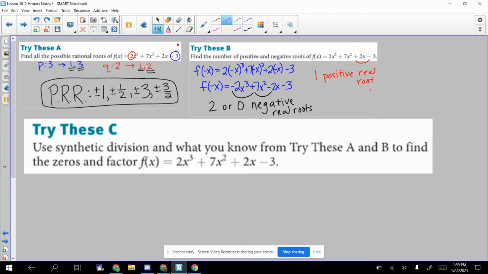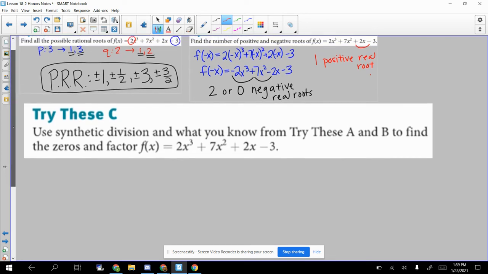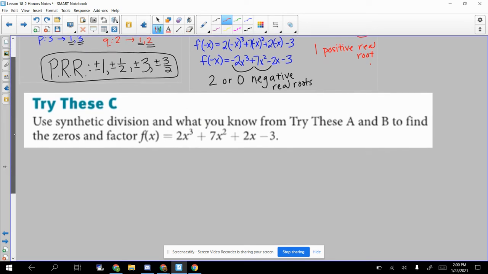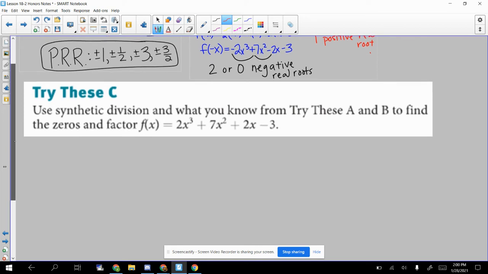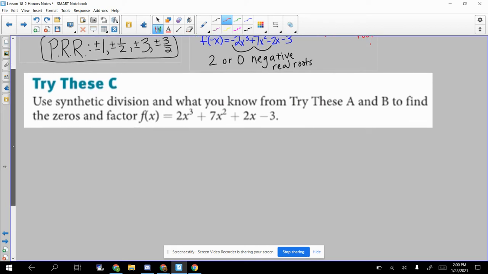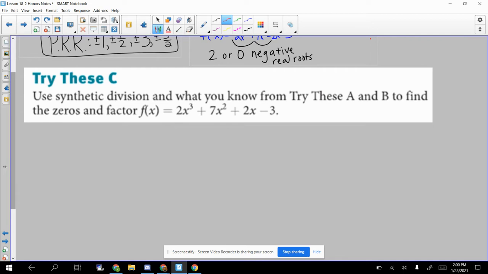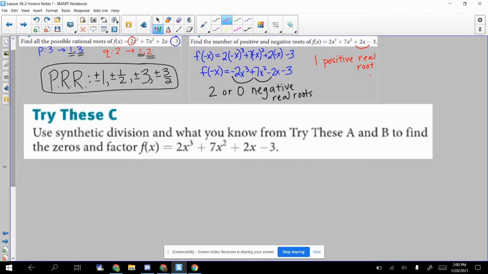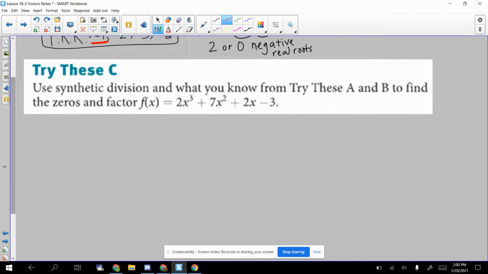Then we also did Try These B, where we found the number of positive and negative roots, and I put that there. Now we're using that information, and we're going to use the remainder theorem to find the real zeros. Remember, some of my possible rational roots were negative 1, positive 1, and so on. So I'm going to go ahead and start out with positive 1.